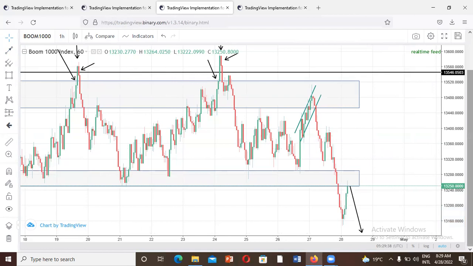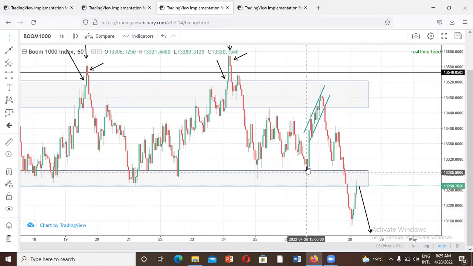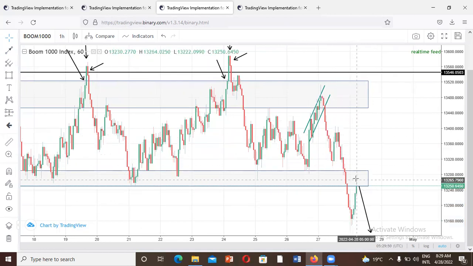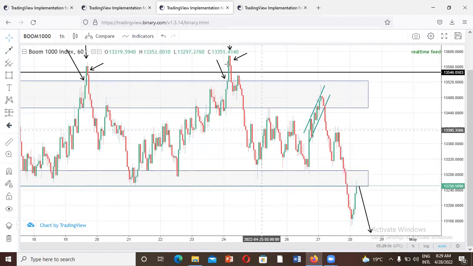Because of how price moves, it's always an impulse, correction, impulse. Like this is an impulse, correction, impulse, correction, impulse. So there must be a correction here. Even if it's the smallest, then it impulses downwards.